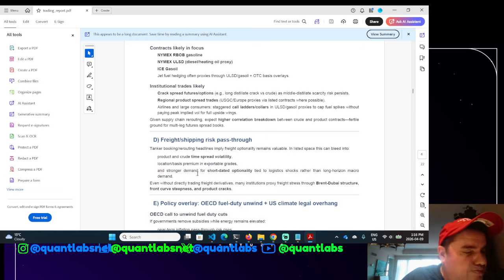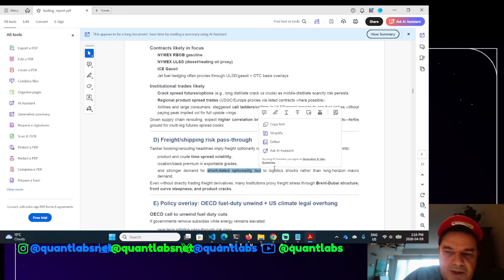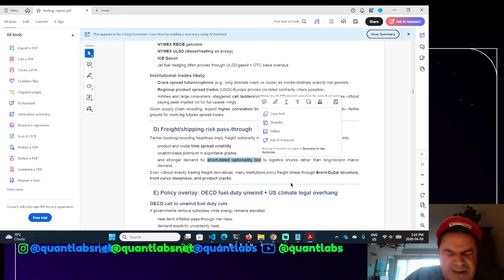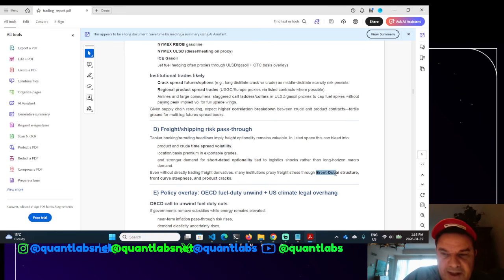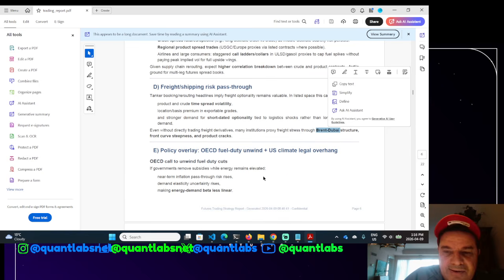When you see the word basis, that is futures talk, but it's also interrelated with the options because, as you can see, it's the risk that is measured through this. Short dated opportunity, and it impacts other things. And it gets right specific into Brent Dubai, and then OECD impact and what it sees.